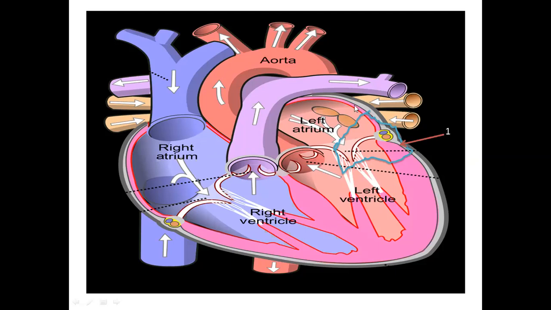Now, looking at this schematic diagram, it is clear that the wall of the atrium is very thin compared to the wall of the ventricle. Similarly, if we compare the ventricular walls, the wall of the right ventricle is thin compared to the wall of the left ventricle.